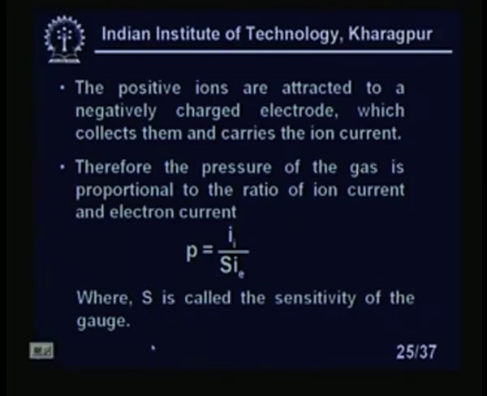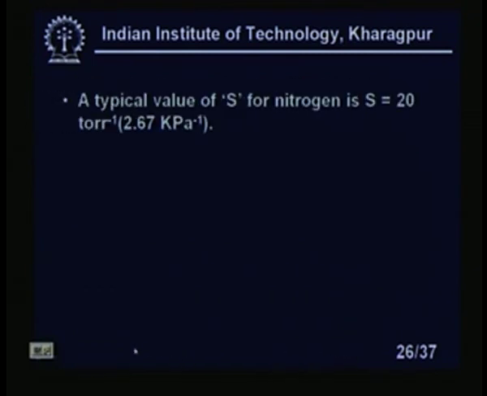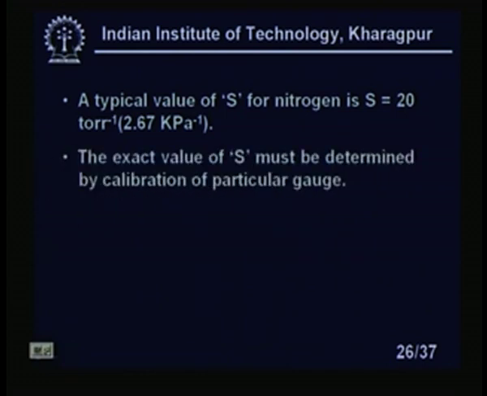Where S is called the sensitivity of the gauge, and a typical value of S for nitrogen is 20 torr to the power minus 1, which is 2.67 kilopascal to the power minus 1. The exact value of S must be determined by calibration of the particular gauge.